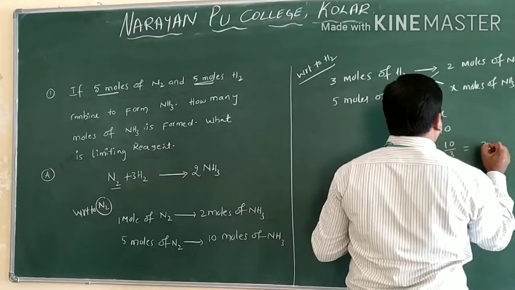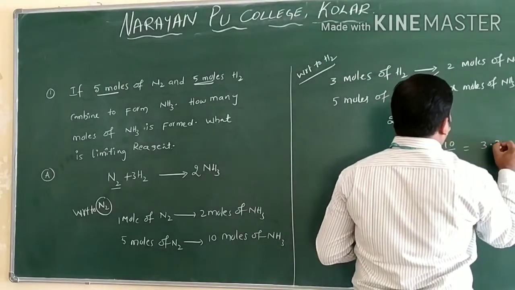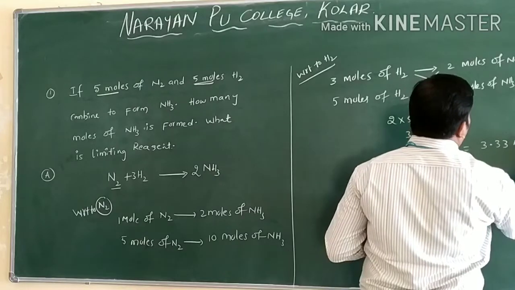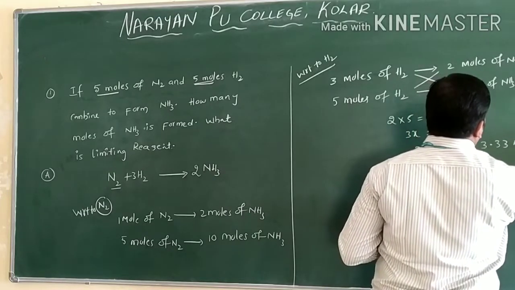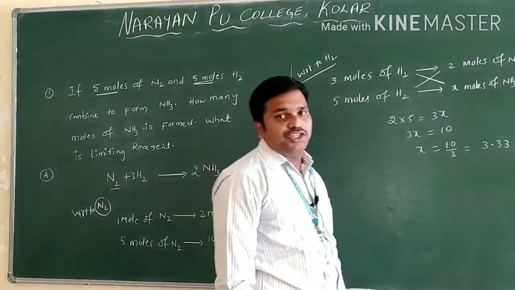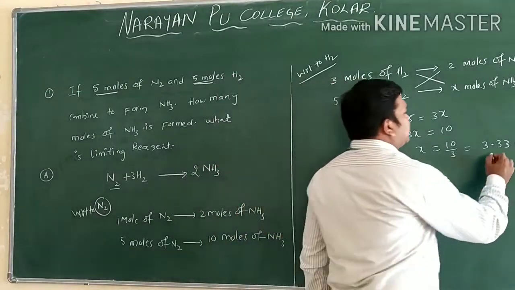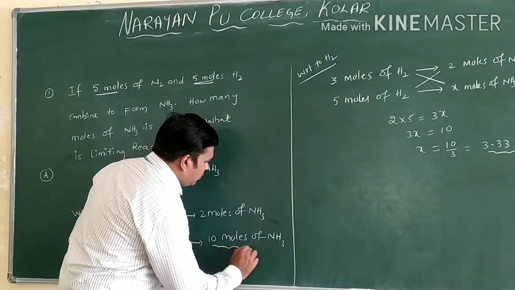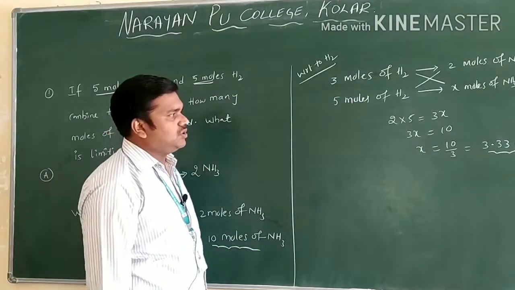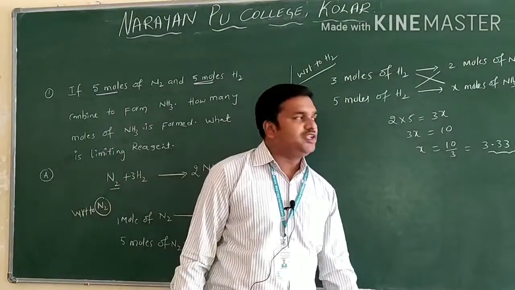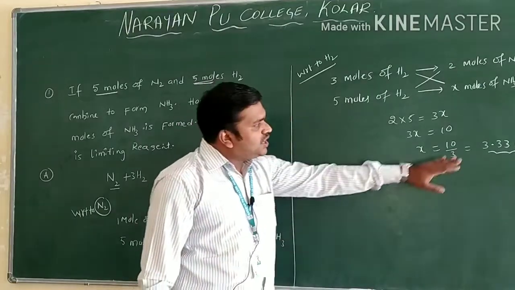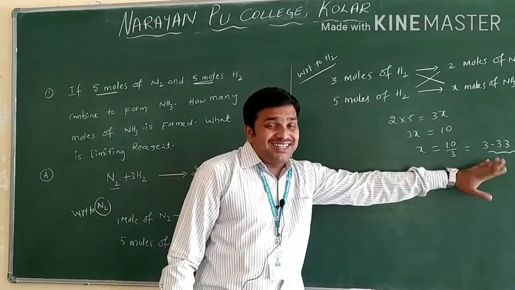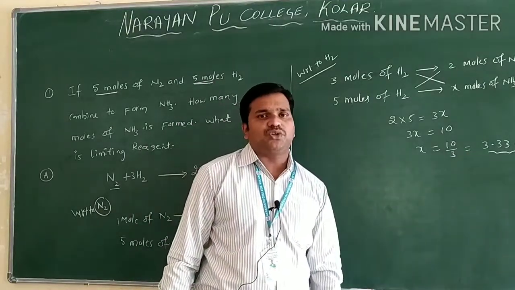So you will get 3.33 moles of NH3. Here you get 3.33 moles of NH3 and from N2 you get 10 moles of NH3, and the least amount is 3.33 moles of NH3. So 3.33 moles of NH3 is the product.